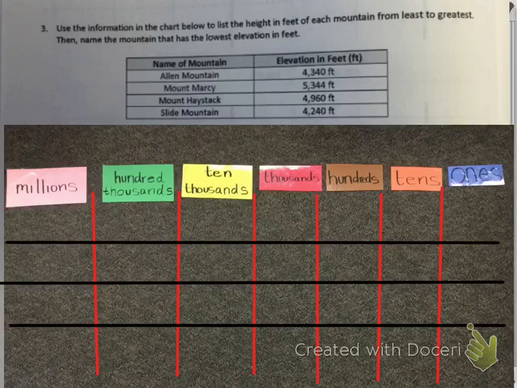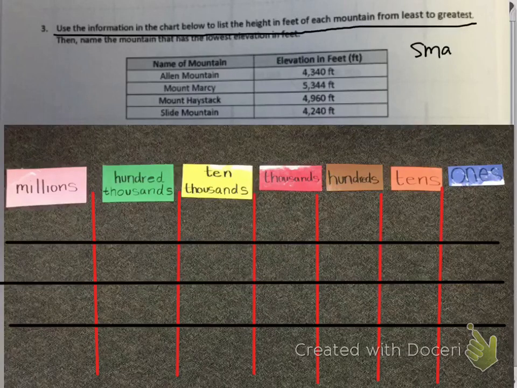Using information in the chart below, list the height in feet of each mountain from least to greatest. So we're starting with the smallest and going down to the largest.